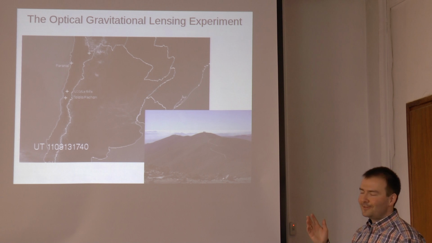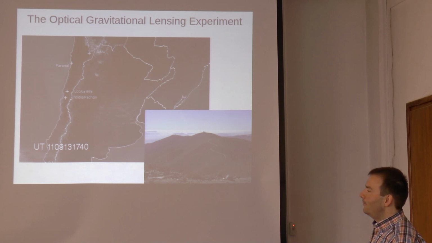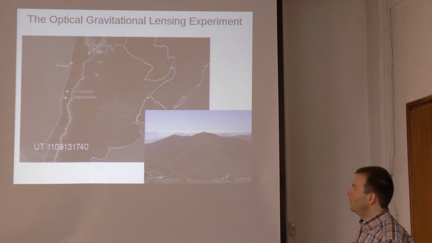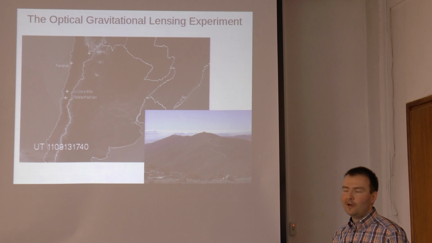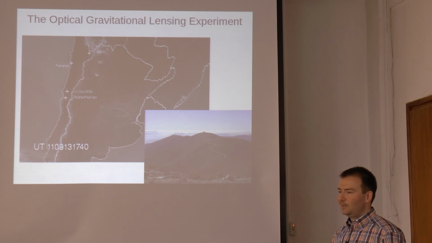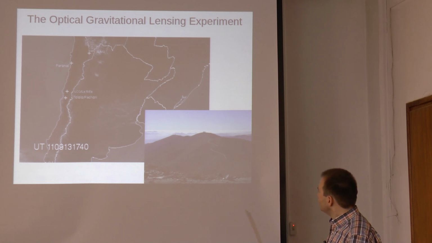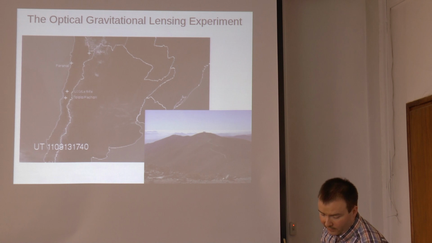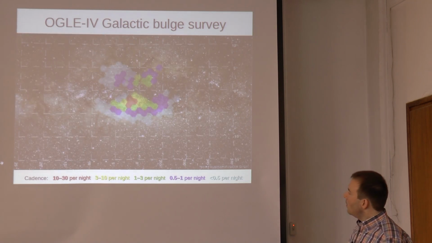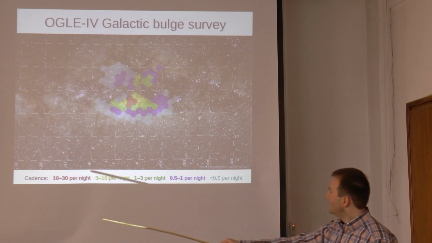Okay, so there are also clouds, of course, sometimes, and the weather is not fortunate every night, but 330 is a huge number, compared, for example, to Poland, where we have 100 such nights. And this is the Las Campanas Observatory. And in OGLE-IV, we observed the galactic bulge with different cadence.